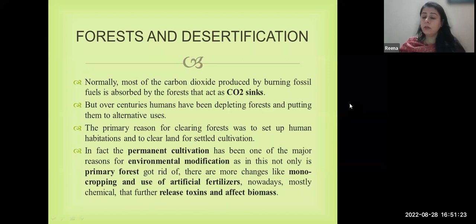Then we have another major fallout, that is forest loss and desertification. Most of the carbon dioxide which is produced by burning fossil fuels is absorbed by forests, and these forests act as a carbon dioxide sink. It's a very general term. A sink is there in every house, and whatever waste is generated in our kitchen is washed down through that sink.